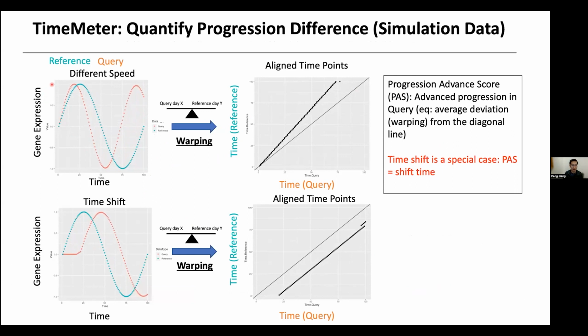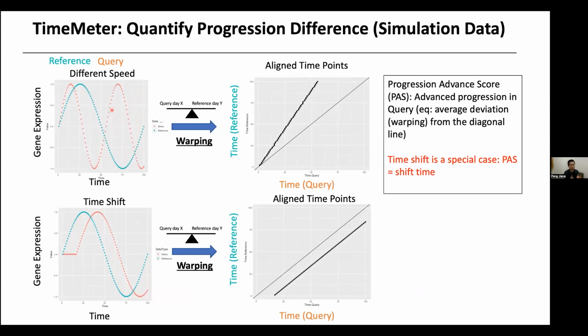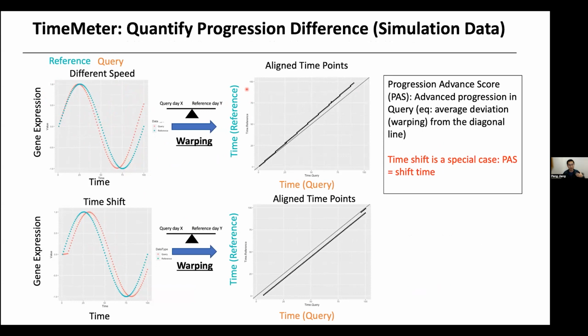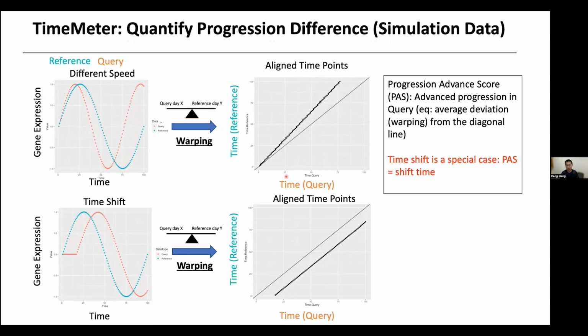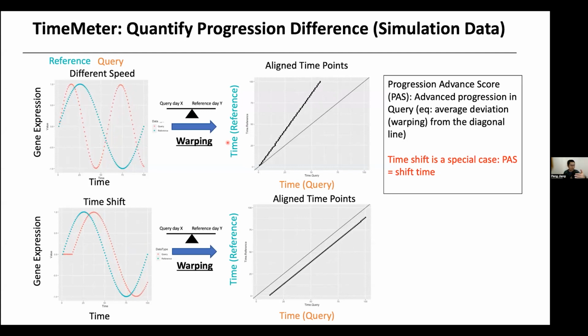So basically, if you see the two lines, they have different speeds. The speeds are changing over time. And when we do the temporal alignment, dynamic time warping, to align the time, we can simply project the data into the time of the query and the time of the reference, representing which time points are equivalent.